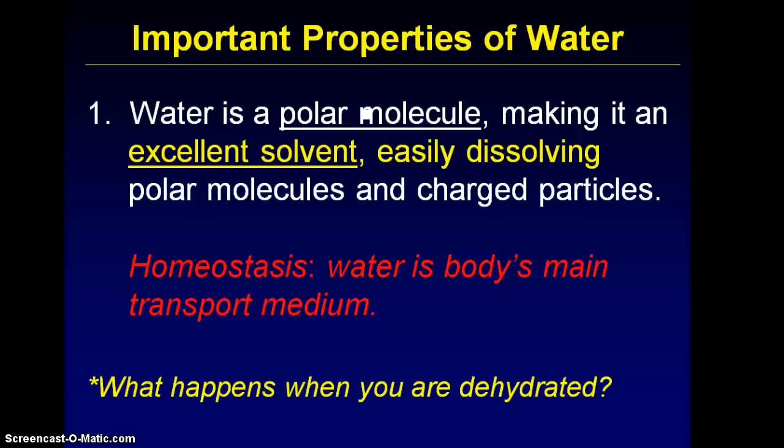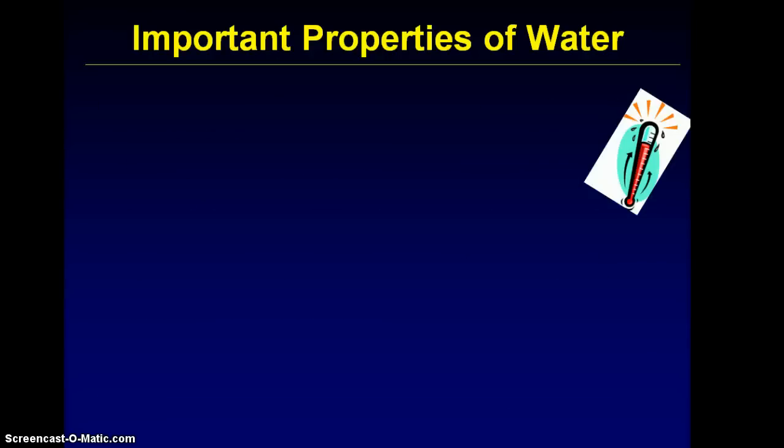So relating to this property of water, if water levels were low, then we wouldn't be able to transport substances throughout the body as well as we normally would in a situation if we weren't dehydrated. So it would affect the transportation of nutrients and other molecules throughout our body if we were dehydrated.